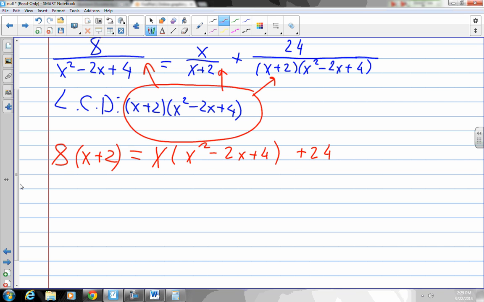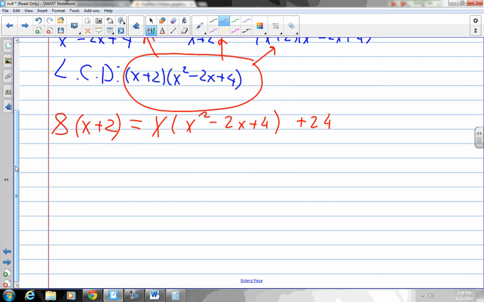Okay. So no more denominators. Now we can open up all the parentheses, combine like terms, just solve a regular polynomial equation. So it's 8x plus 16 equals x cubed minus 2x squared plus 4x plus 24.